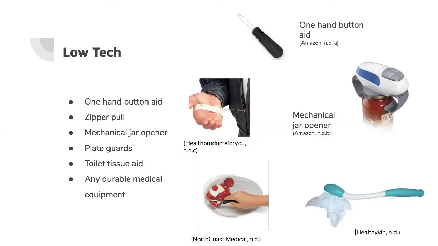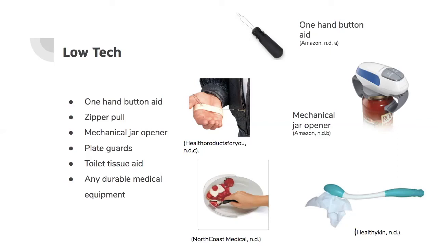Then there is also a zipper pull, which you would just attach to the zipper, as you can see in the picture. It makes it easier for people who have troubles with fine motor coordination and manipulation to pull up zippers on their clothing. Then you have a mechanical jar opener.